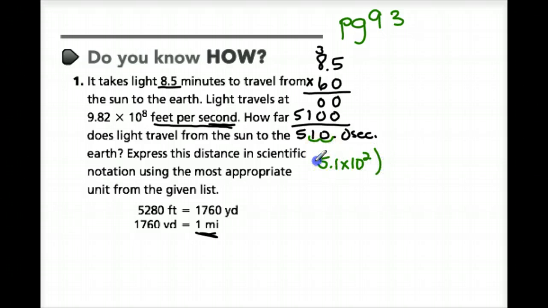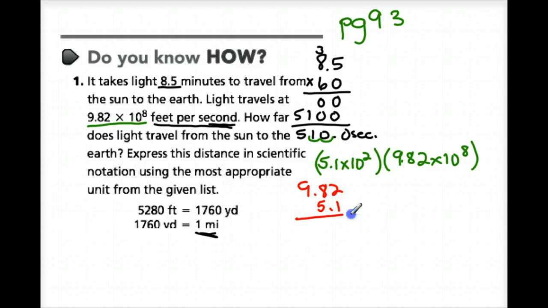We're going to multiply that by how many feet it has to go. It has to go 9.82 times 10 to the 8th feet. Alright, so what is 5.1 times 9.82? Well, let's do 9.82 times 5.1.